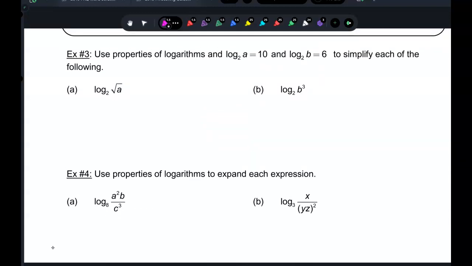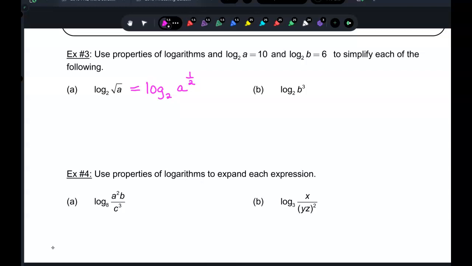Okay, so use properties of logarithms, and log base 2 of a equals 10 and log base 2 of b equals 6 to simplify each of the following. First thing I'm going to do, I am going to rewrite this as log base 2 of a to the 1/2 power. Remember, square root is a 1/2 power, cube root would be 1/3.